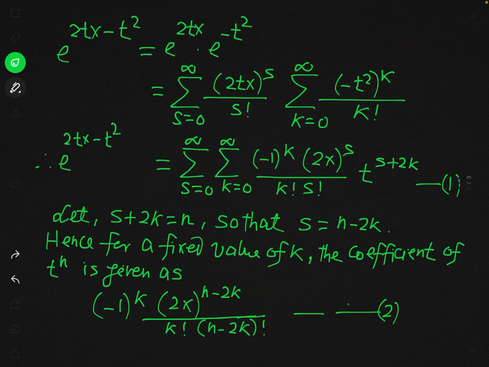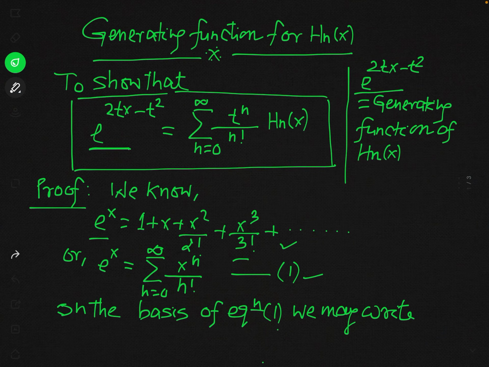Actually, this e raised to the power 2tx minus t square can be written like this, e raised to the power 2tx times e raised to the power minus t square.